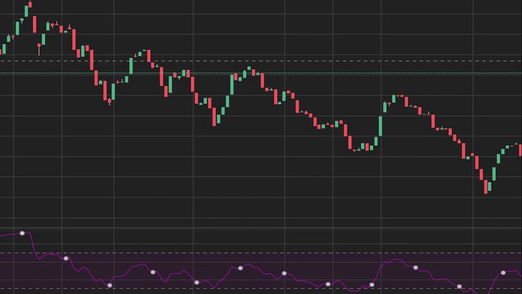Also in a downward trend, it's better to consider that the distance between upward and downward price movements is not a lot, you know.